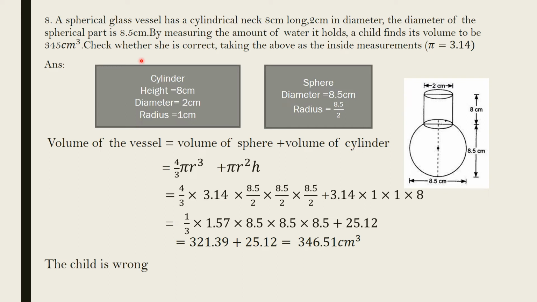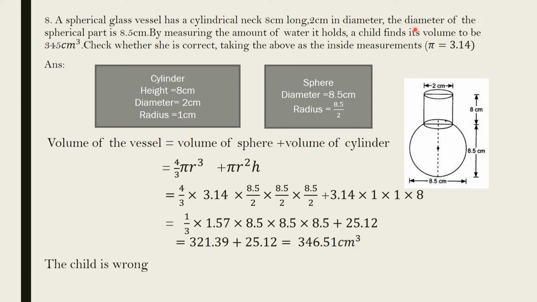From the question, we can see the solid shape is in the form of a sphere and a cylinder. The cylindrical neck is 8 cm long and 2 cm in diameter. So the height of the cylinder is 8 cm, the diameter of the cylinder is 2 cm, and therefore the radius will be 1 cm.